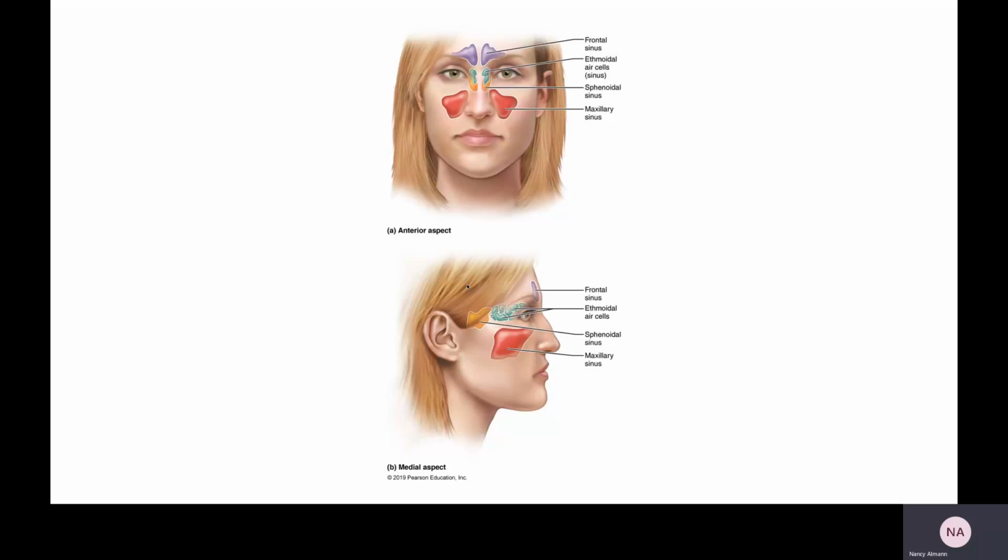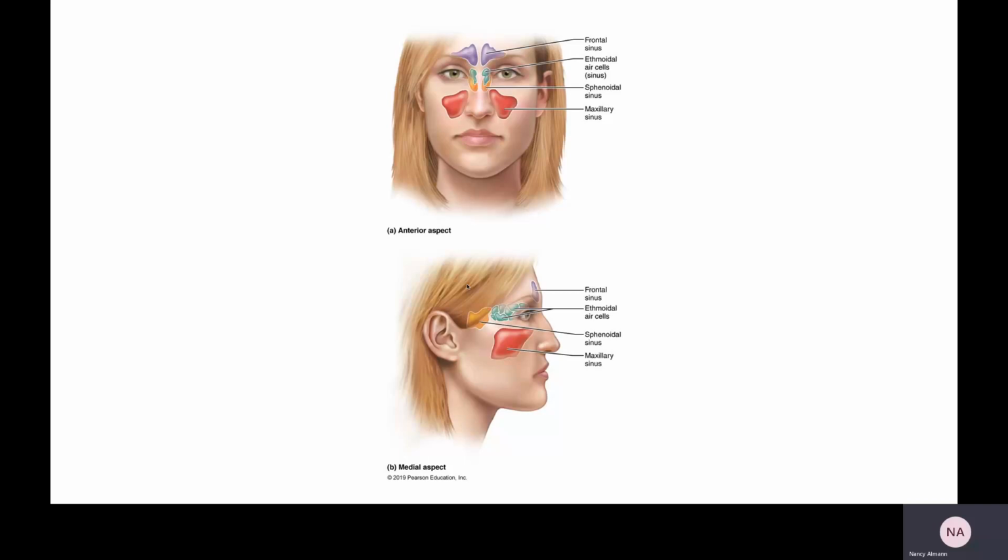One, they lighten the weight of the skull, because if the sinuses were actually packed with bone, our skulls would weigh a bunch more than they already do. They also provide some ability to warm air as it enters the nasal cavity, depending on what sinuses you're talking about.